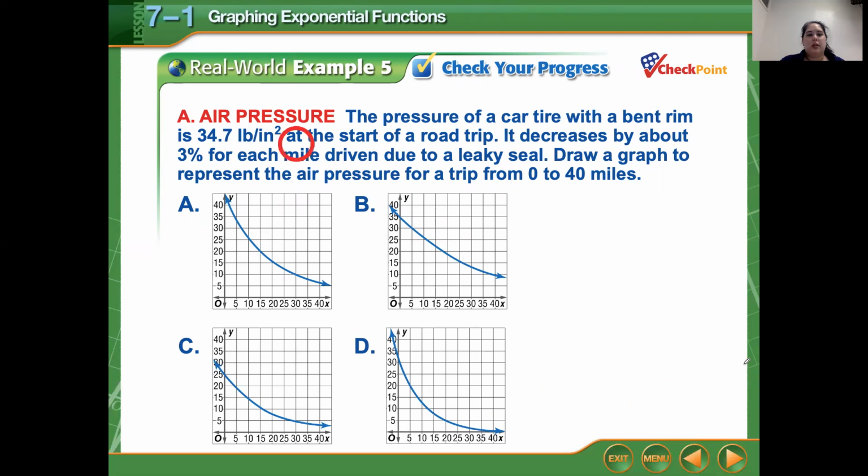All right, you should get B. One thing you're going to use, your formula should have been y equals 34.7 times 1 minus 0.03 to the t power or to the x power, whichever one you want to use. When you're graphing it on a calculator, you would have to use x. And again, the calculator will graph it without you simplifying it. If that is where you have an issue, don't worry about simplifying it.